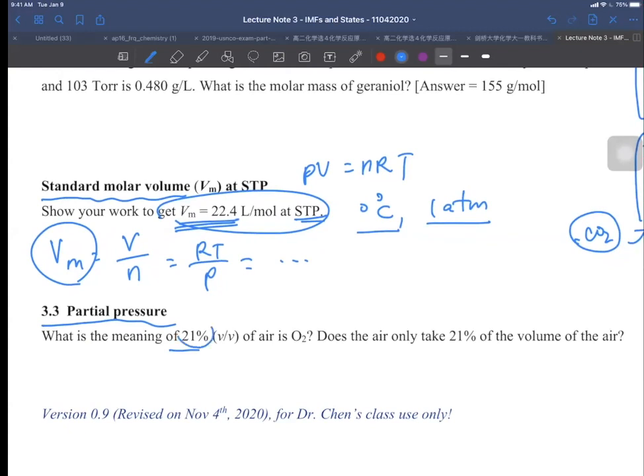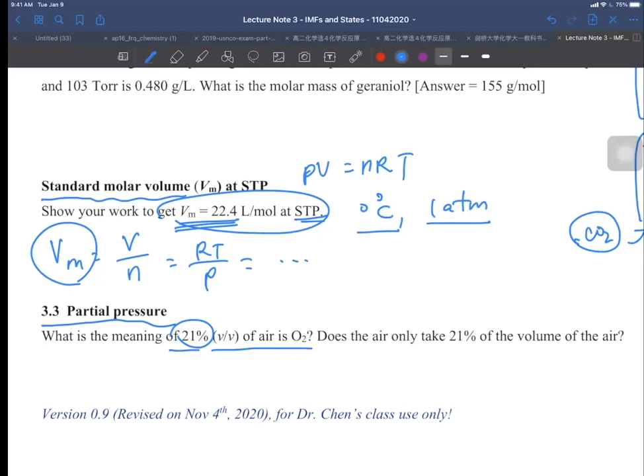So the 21% actually is the volume percentage. But obviously we know it doesn't mean the air has a corner. The 21% of the volume is oxygen gas. Another 78% of the volume is nitrogen gas, because both O2 and N2 will occupy the whole space, right?